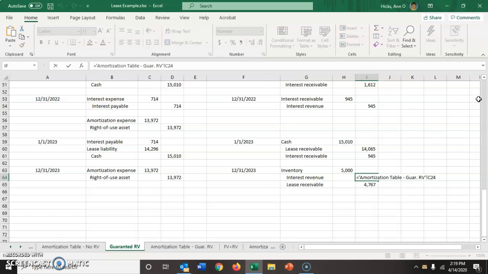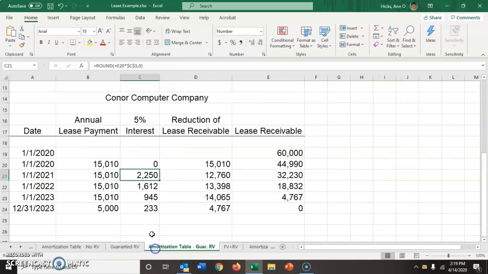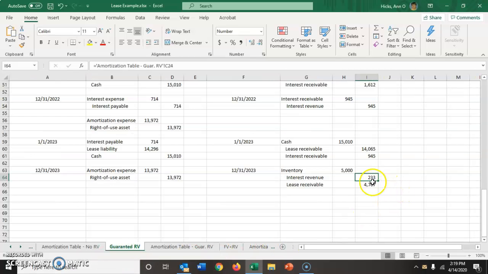We will credit interest revenue for the interest associated with that amount, and then credit lease receivable for the final balance in our lease receivable account. And then we're through. And then it's just a matter of determining what we do with that piece of equipment that we now have back in our inventory at the value of $5,000.